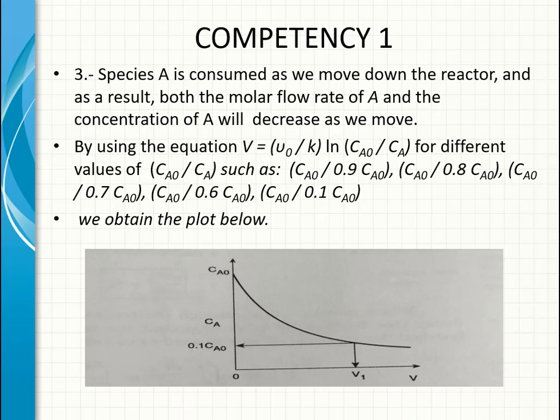Another value could be CA0 divided by 0.8 CA0, CA0 divided by 0.7 CA0, CA0 divided by 0.6 CA0, or CA0 divided by 0.1 CA0. And if we plot all these values, we obtain the plot below.